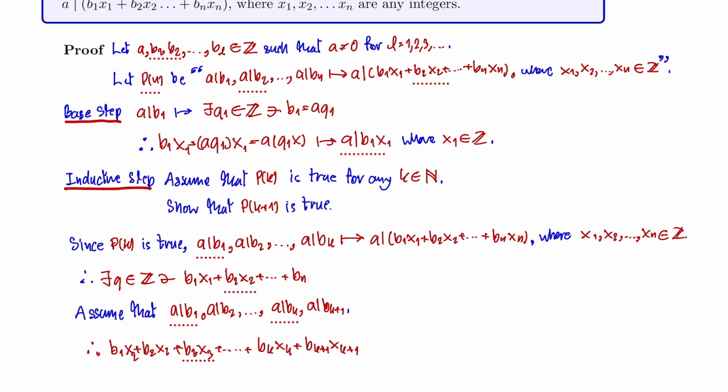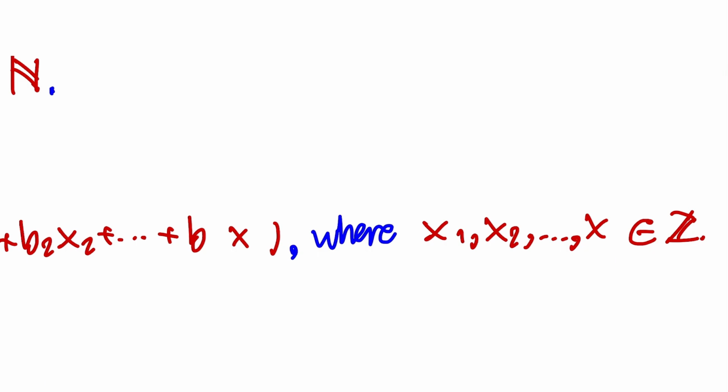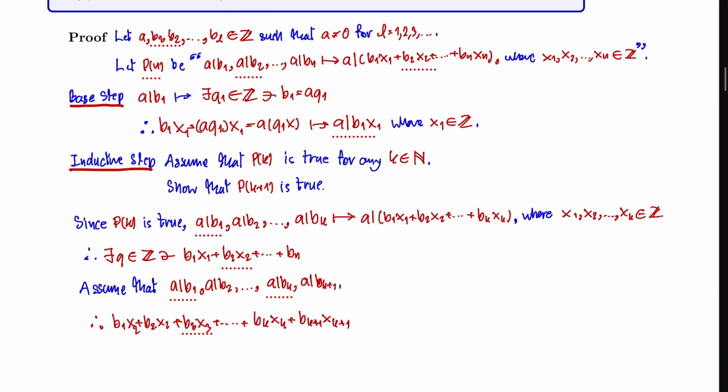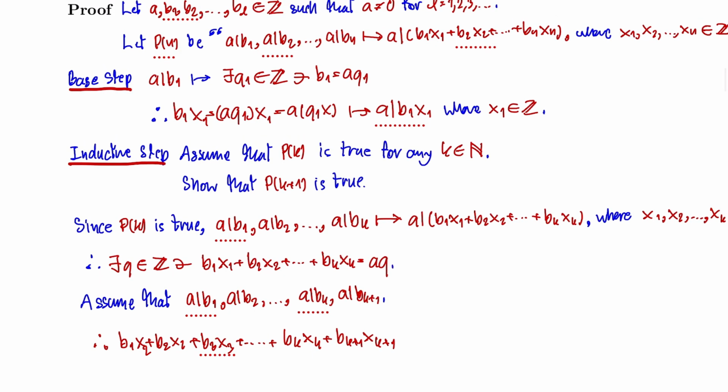So this sum turns into a times q according to divisibility.